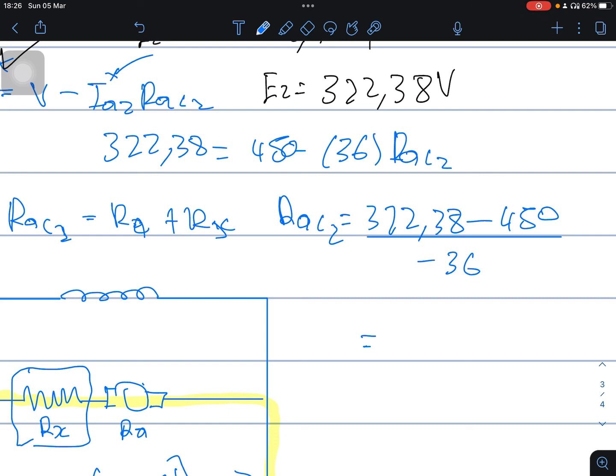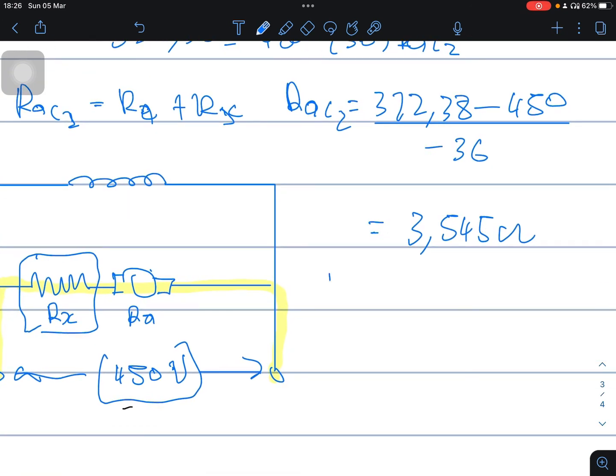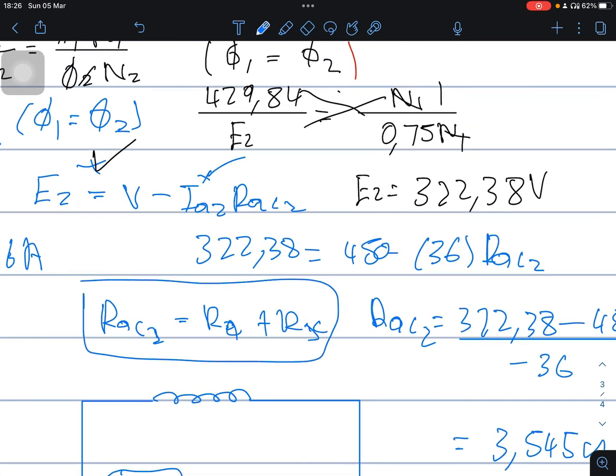Let's punch that in the calculator. Over negative 36. That is going to be 3.545 ohms.